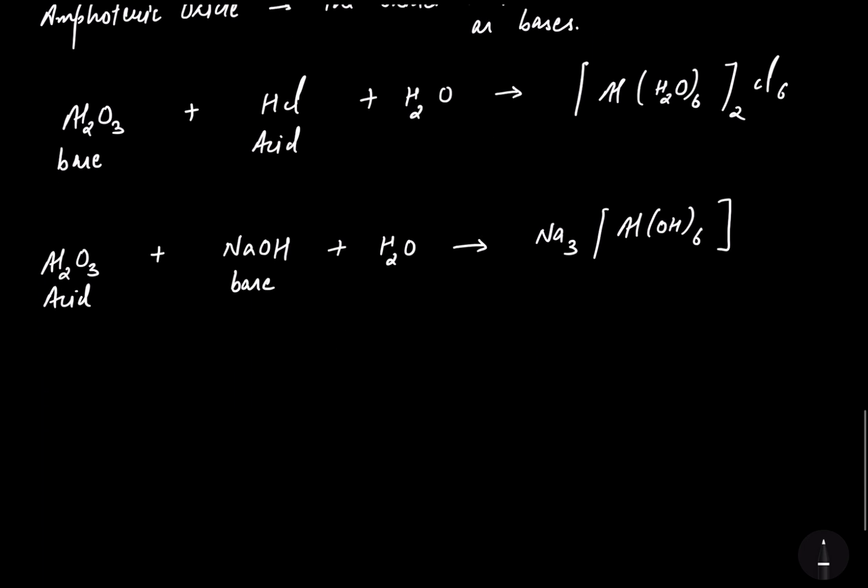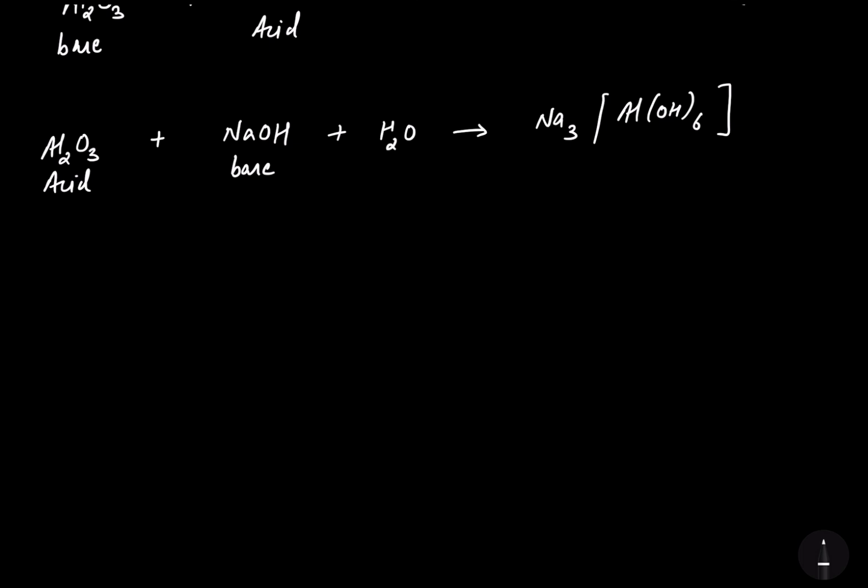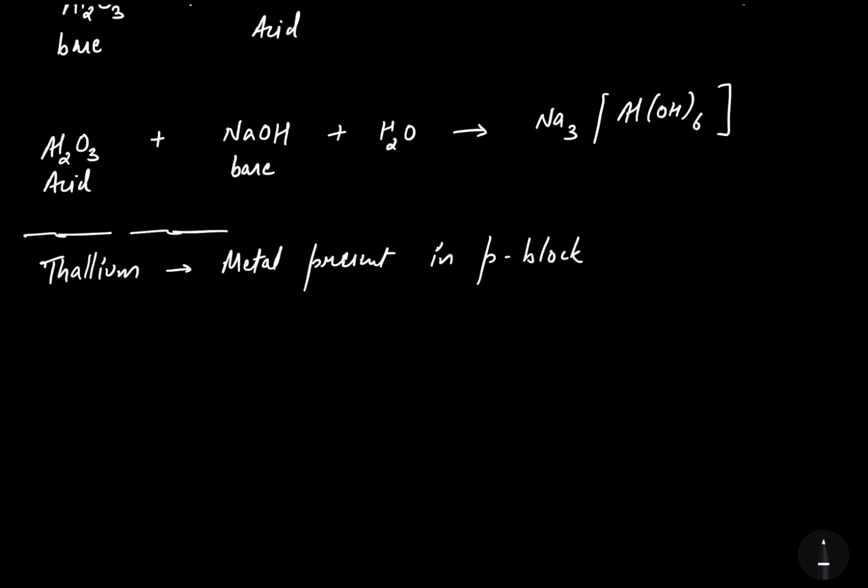Now let's come to the metallic oxide. Let me take a metal which is present in p block, and that's thallium. It is a metal present in p block, so the oxide of thallium will be basic in nature.